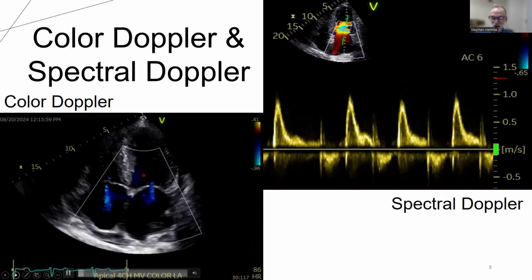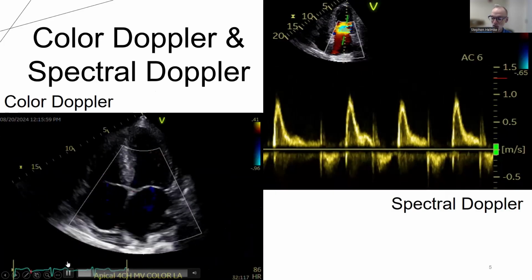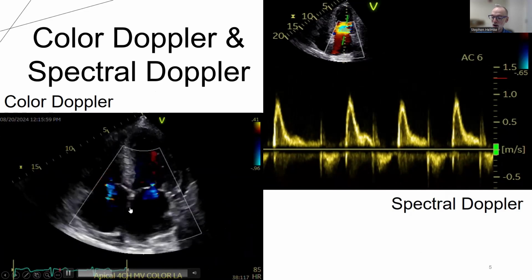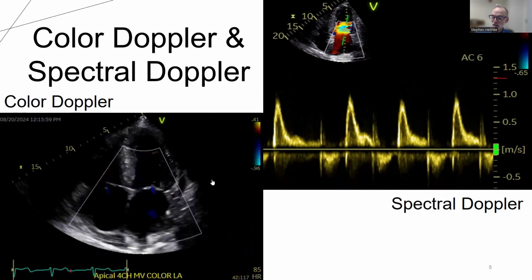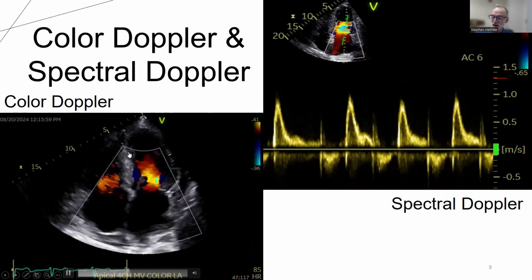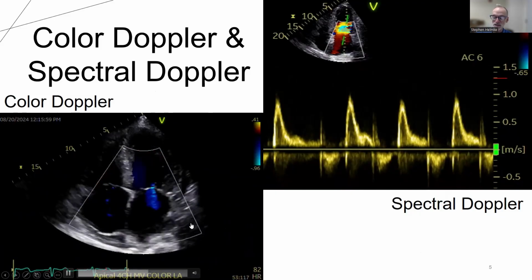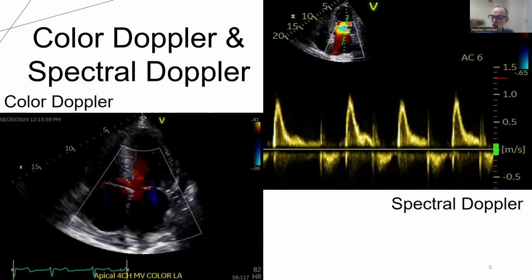I have here a video of what we call color Doppler. These are the valves in the heart reacting to a setting that I put on the machine called color Doppler.